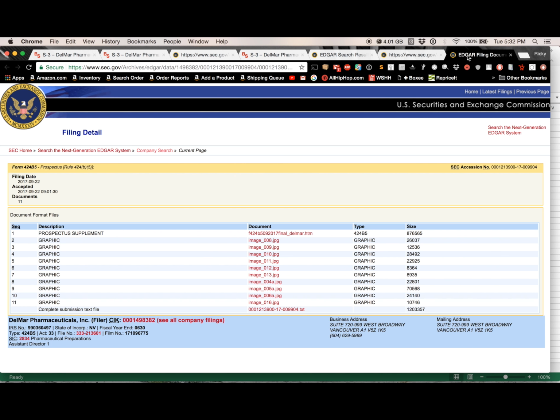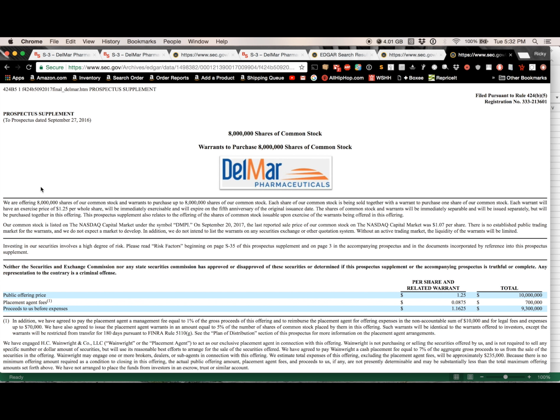Moving on to the one they did recently, it was for 8 million shares, and then another 8 million warrants to purchase shares with an exercise price of $1.25.